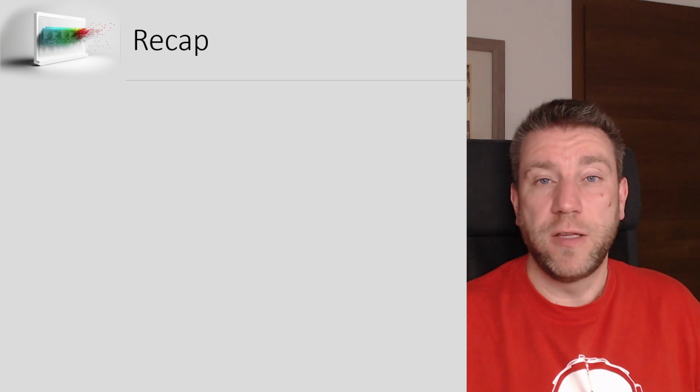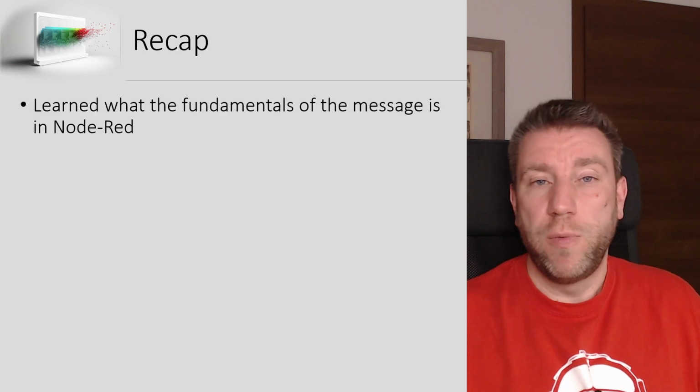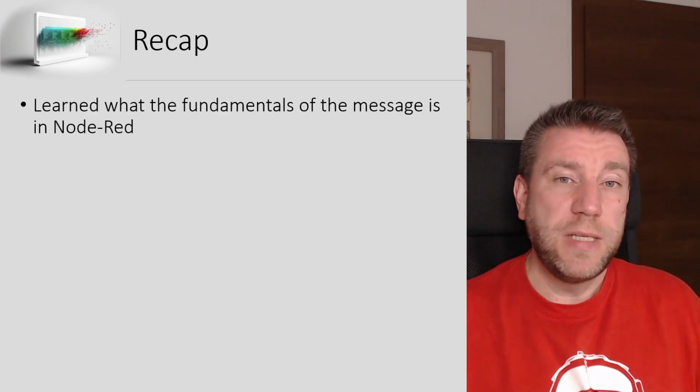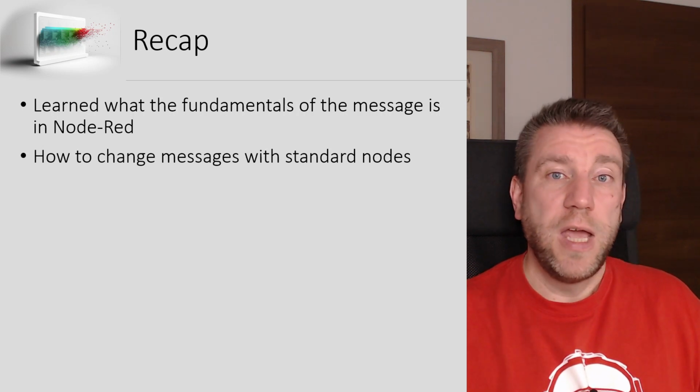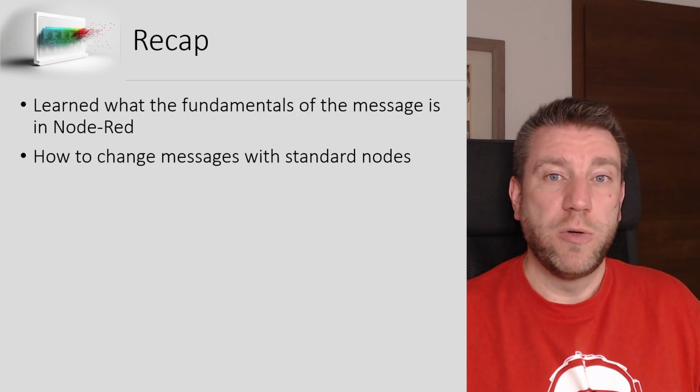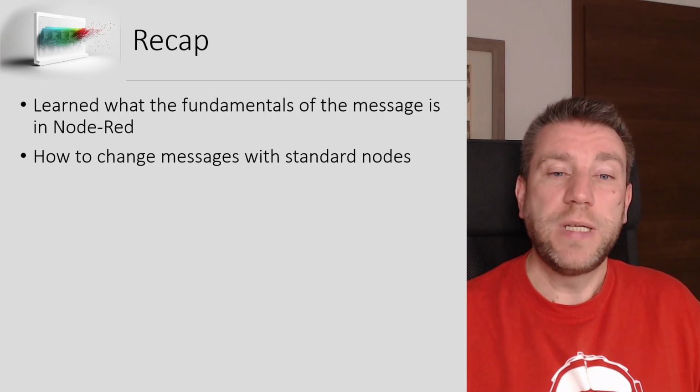I'm really happy that you managed to stay for this long, right at the end of the video. So let's just recap what we learned today. First of all, we learned the fundamentals of the messages in Node-RED. We also went through how you can change messages using the standard nodes. And of course, later on we talked about the function nodes in more detail.